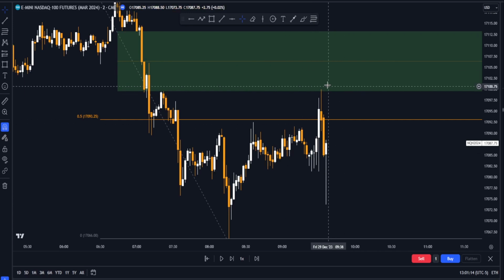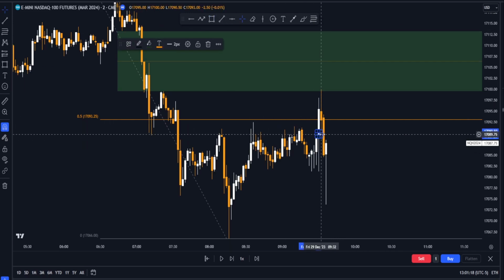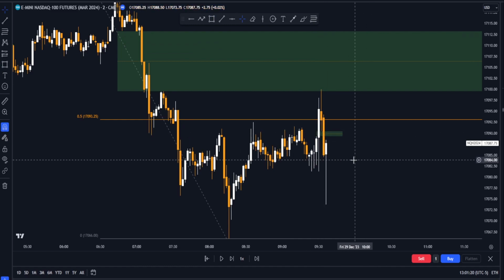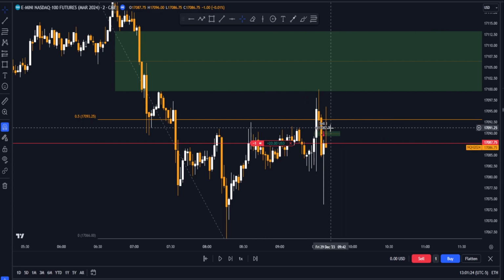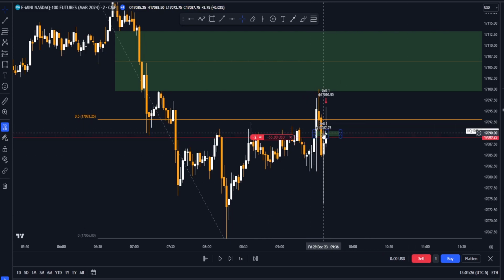If we're on the 3-minute chart, we can see there is this inverse fair value gap right here, and also a normal fair value gap. So what I would do is enter one position, and I would enter a second one here.